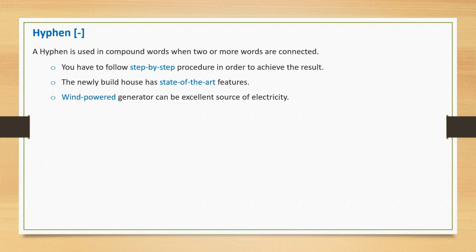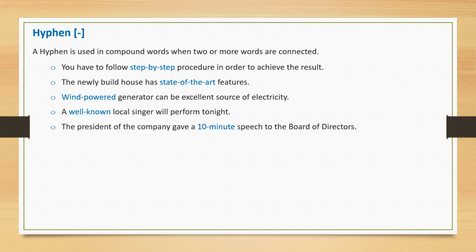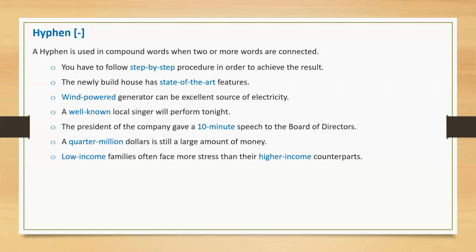Wind-powered generator can be excellent source of electricity. A well-known local singer will perform tonight. The president of the company gave a 10-minute speech to the board of directors. $250,000 is still a large amount of money. Low-income families often face more stress than their higher-income counterparts.